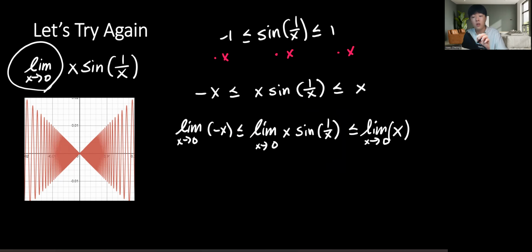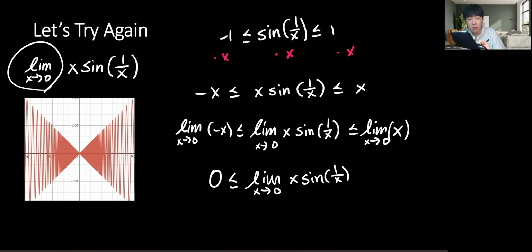The limit evaluation is very easy for the upper bound and lower bound functions in this case. So you know that this one equals 0, and this one will also be 0. So the limit of x sin(1/x) as x approaches 0 is sandwiched by these two 0s.